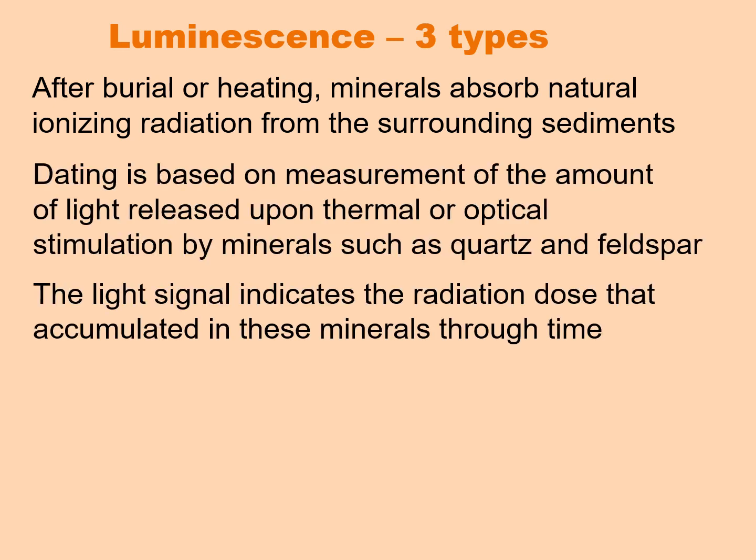Dating is based upon measuring the amount of light that is released on either reheating or reshining a light on minerals such as quartz and feldspar, so, upon either giving it thermal or optical stimulation. The light that you get at that point indicates the radiation dose that had accumulated in these minerals through time.